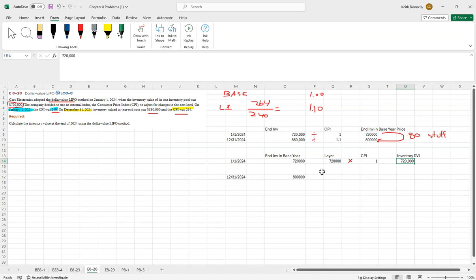Now if you think about it, down here at 12/31, at the end of the year, we have to account for this. Let me get this out of the way. Let's start fresh down here. We're going to start with what we had, 720.